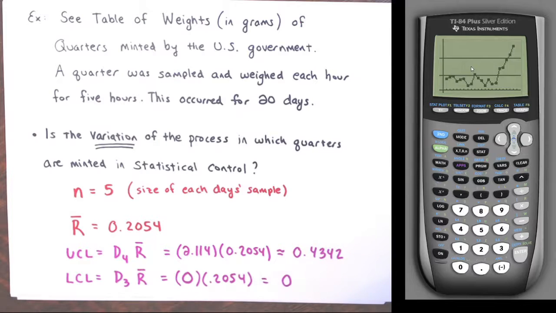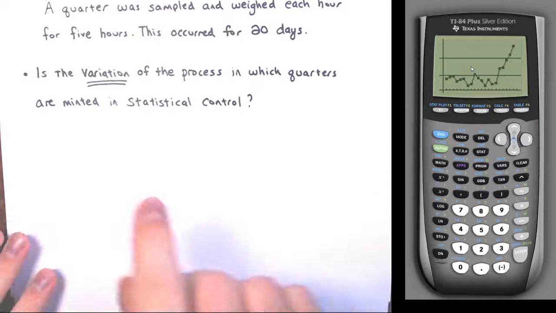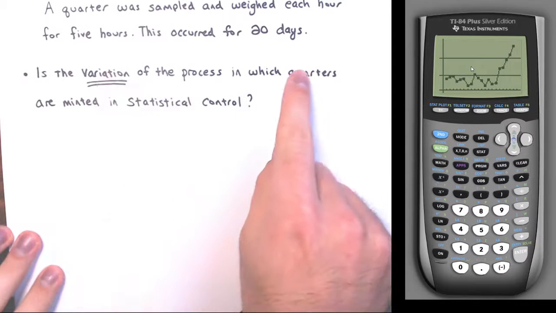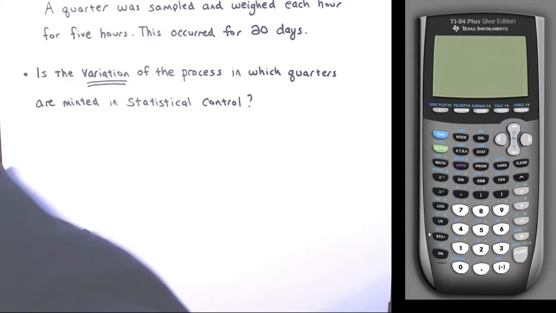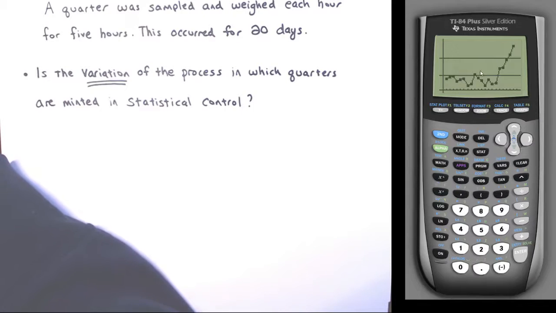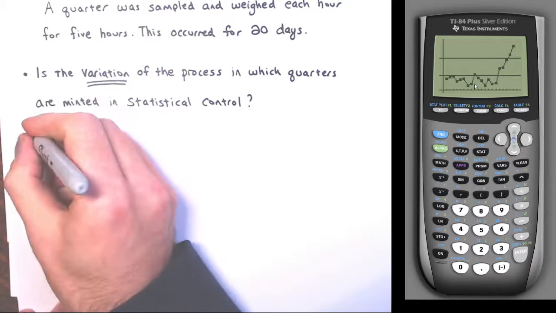All right. So the question was, is the variation of the process in which quarters are minted in statistical control? Again, back here, look at the graph. So I'm going to say no for the following reasons.